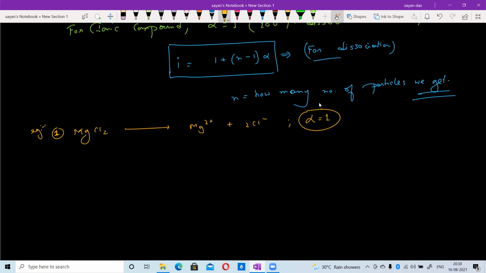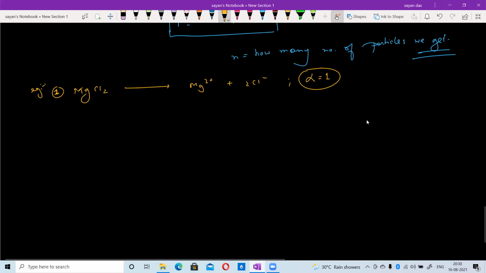Now in this case, what will be the n value? You can easily find it. Look at how many moles dissociated. At t equals 0, the values are a, 0, 0. At t equals t, the value is a minus a alpha, then a alpha, and the stoichiometry is always multiplied, so 2 alpha.